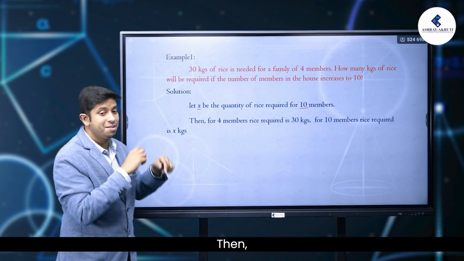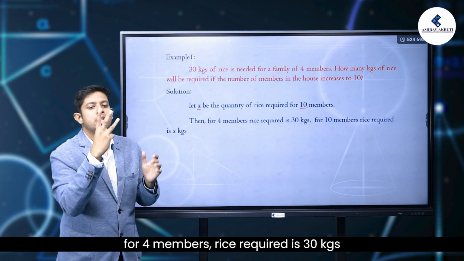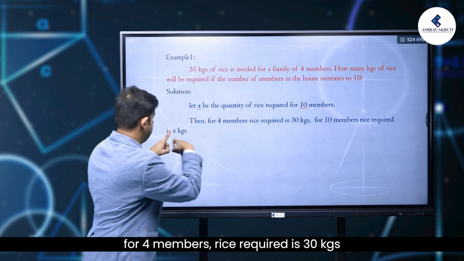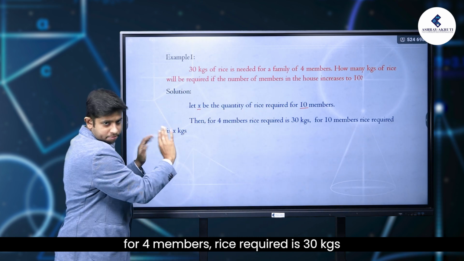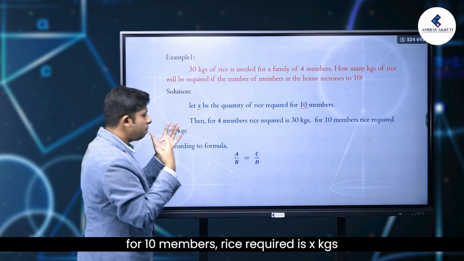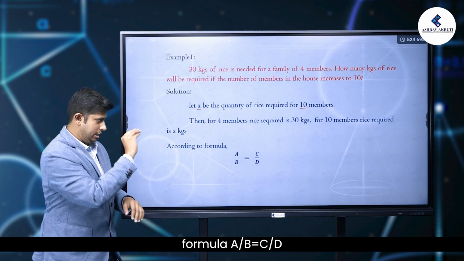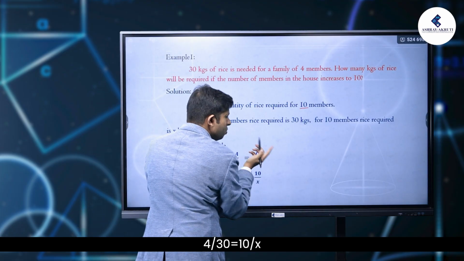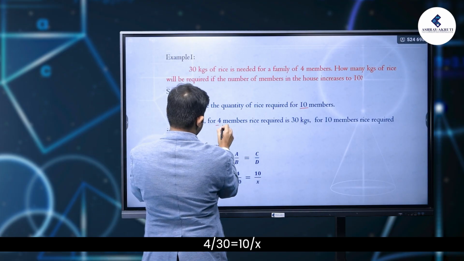Then, for 4 members, rice required is 30 kgs. For 10 members, rice required is X kgs. According to the formula, A by B is equal to C by D, 4 by 30 is equal to 10 by X.